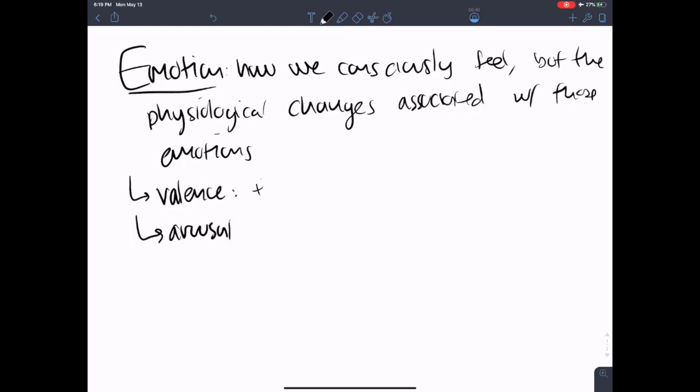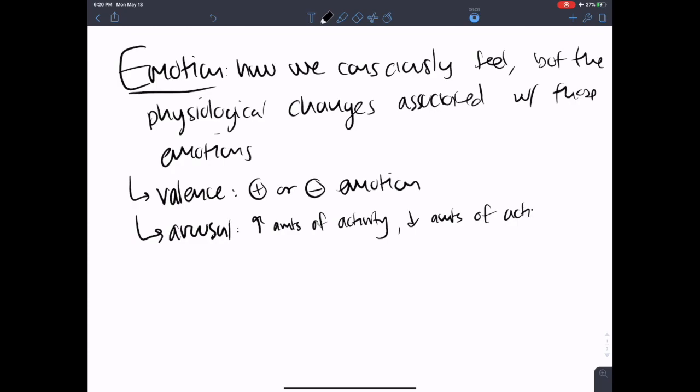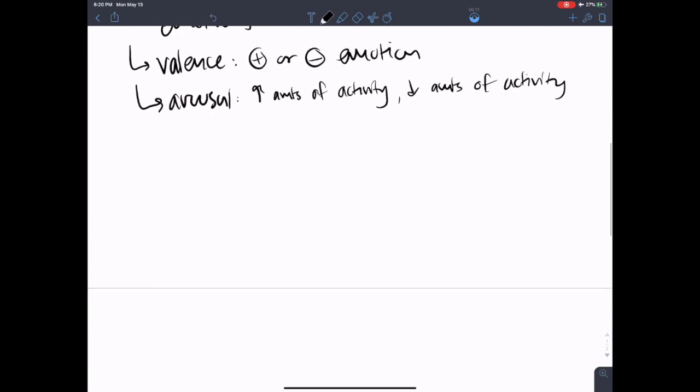Valence is whether it's a positive or negative emotion. Something like being sad is obviously a negative emotion. Arousal is whether or not we have high amounts of brain activity, more specifically high amounts of emotional circuitry activity, or low amounts of activity. And the idea here is that every emotion can be plotted somewhere along the spectrum.